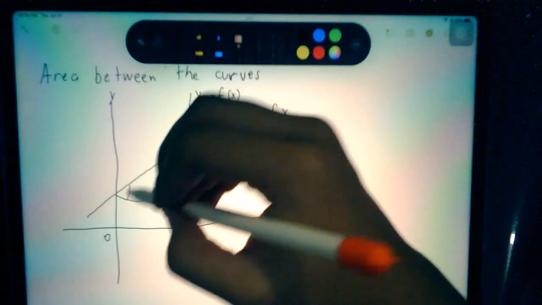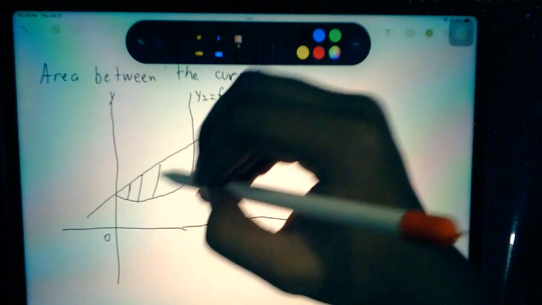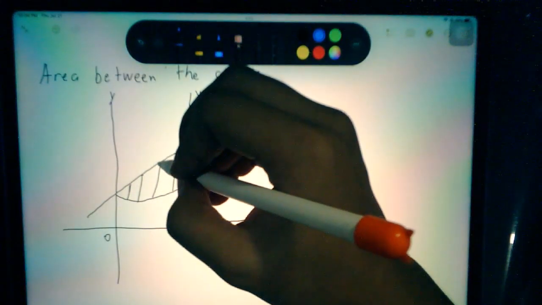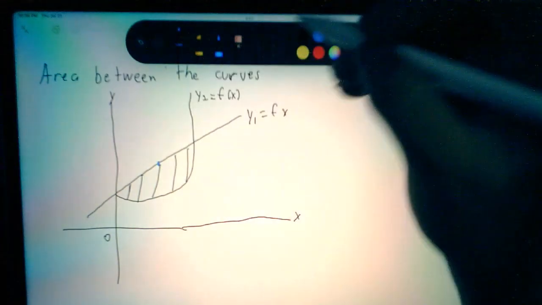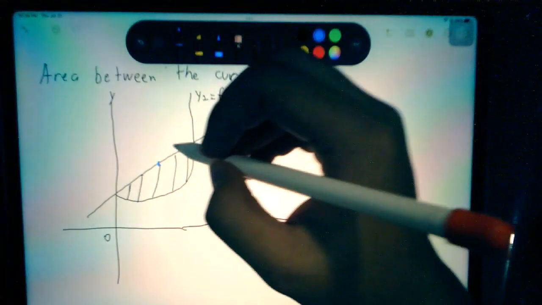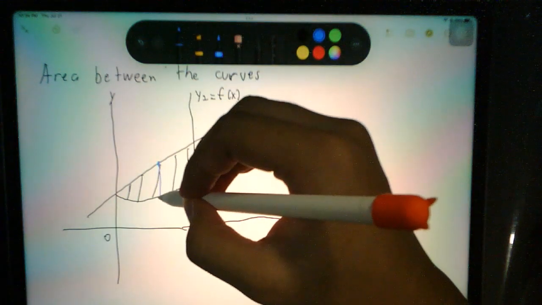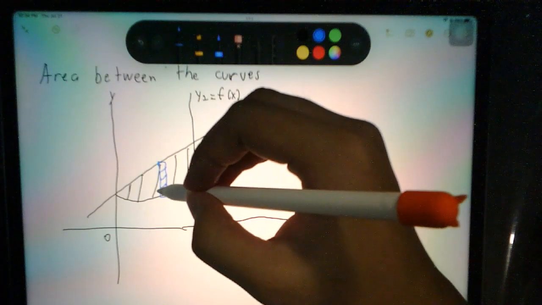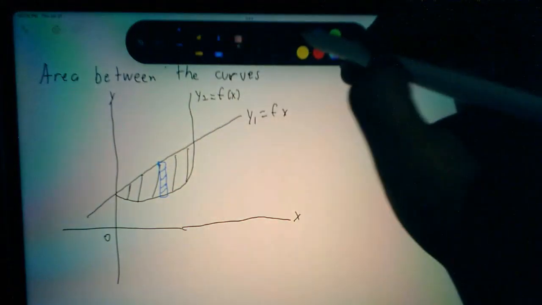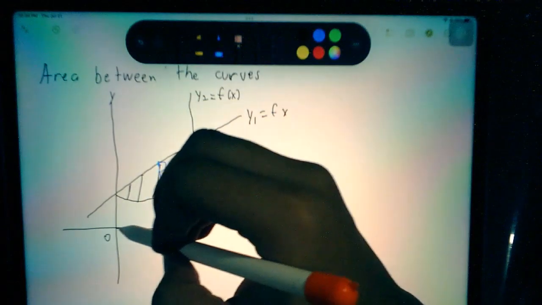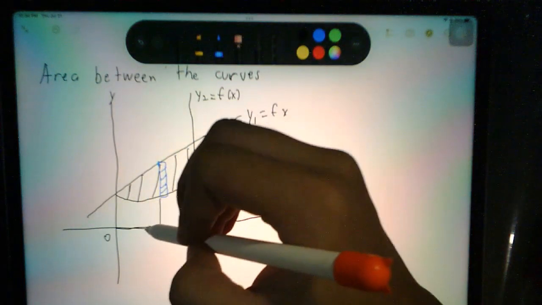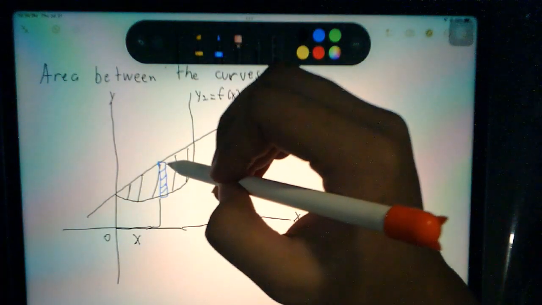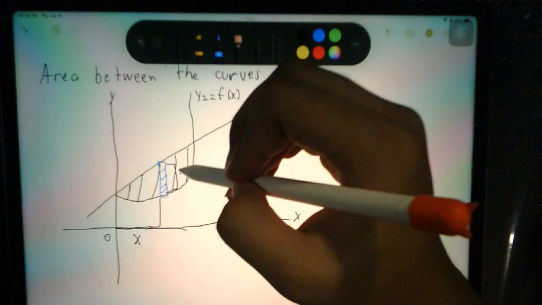Now our area of interest is here. Now we need to plot a point here, and let's say we do a vertical strip. So our area here, from the origin to this point, is just equal to x, and this is the height, equal to y.